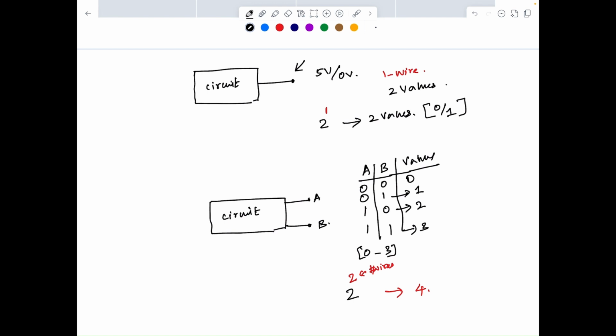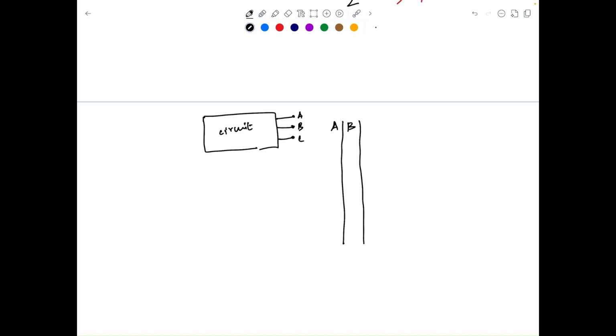In this case, 0 to 3. I'm not going to expand further and further; I just want to give the foundation of how we got this. Suppose we have 3 wires here, so we will have A, B, and then C, and then the output value.